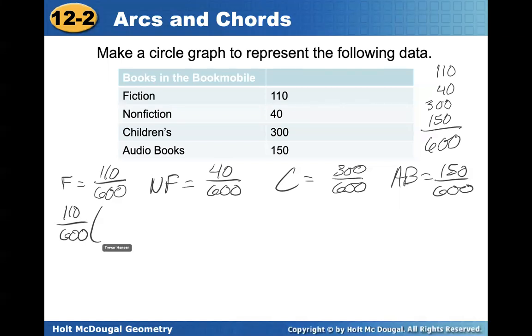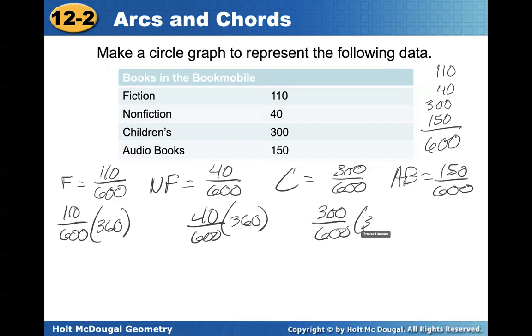We're going to take that times 360. We're going to take 40 over 600 times 360. We're going to take 300 over 600 times 360. And we're going to take 150 over 600 times 360. And we're going to find our degrees.